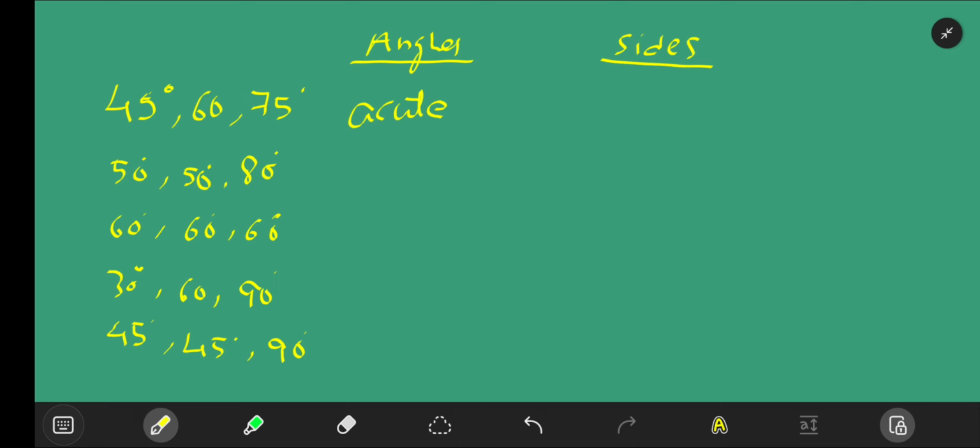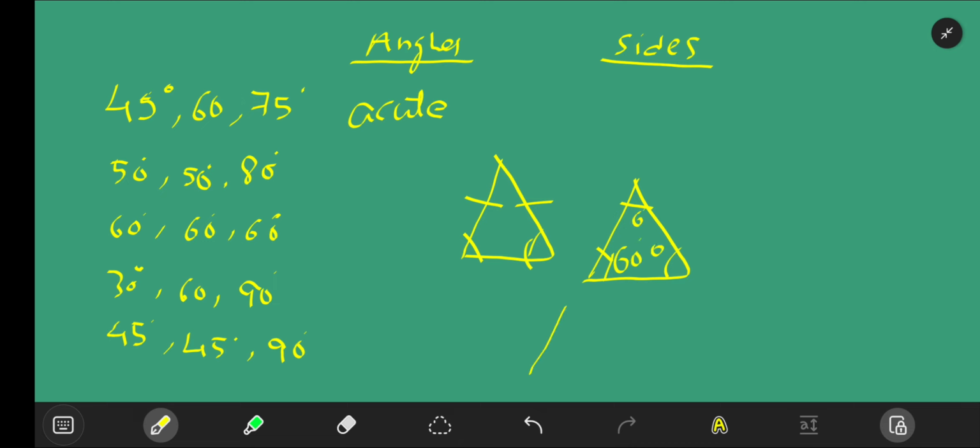And if you see, all angles are different. In isosceles triangle, I said two angles are equal. And in equilateral triangle, all three angles are equal, 60 degrees, 60 degrees, 60 degrees, I said.